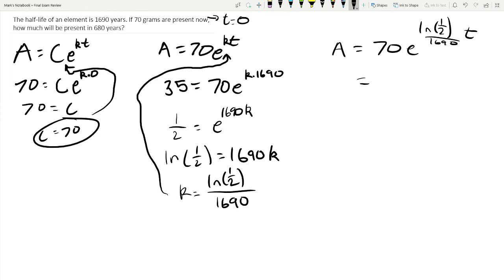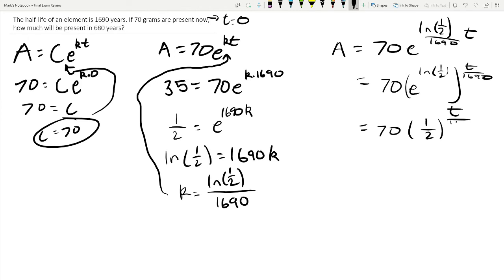If we do simplify it, we're going to get 70 e to the natural log of 1/2, to the t over 1690. Notice I just broke that exponent across, and e to the natural log of 1/2 is just 1/2. So we get 70 times 1/2 to the t over 1690, just to simplify things a little bit. So that's our most simplified equation right here.